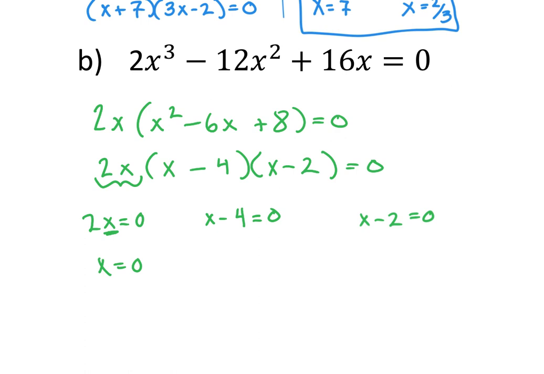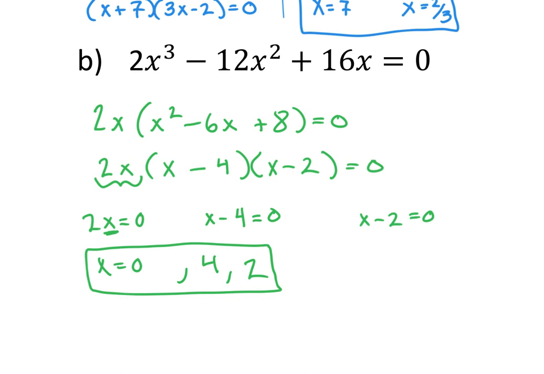Okay. Then we add the 4 over. X equals 4 is another one of the solutions. And then here we add the 2 over. We get x equals 2 is another one of our solutions. So there are the 3 solutions. If we ever have an x out in front of our polynomial like that, 0 will be one of the answers.